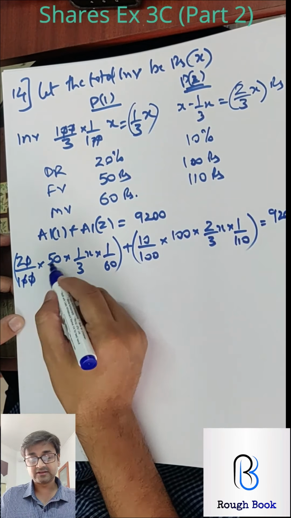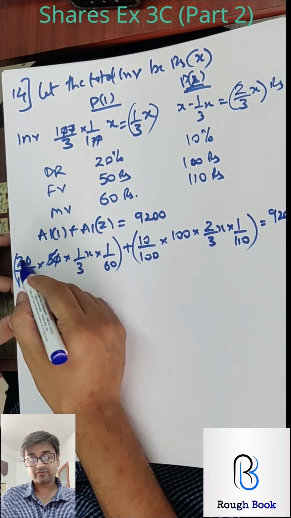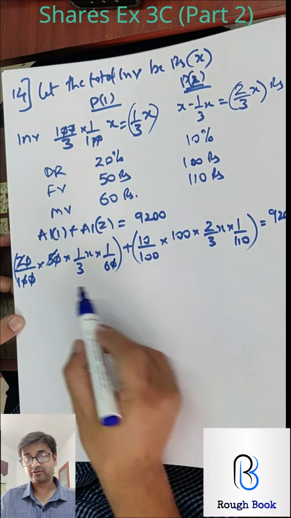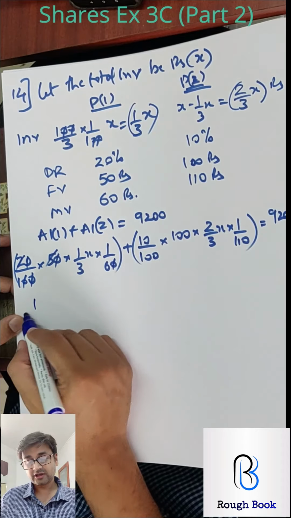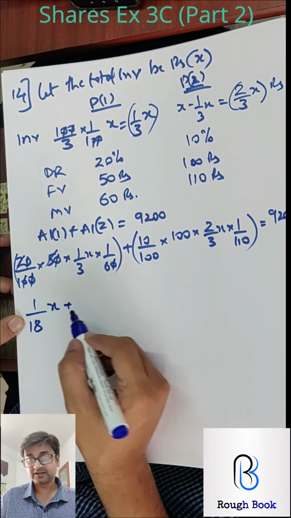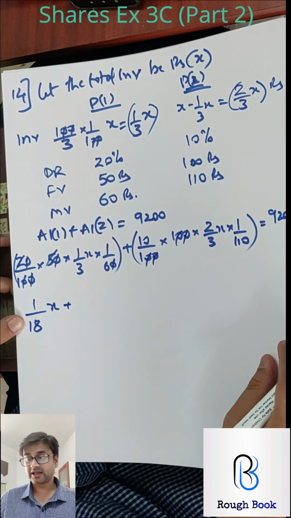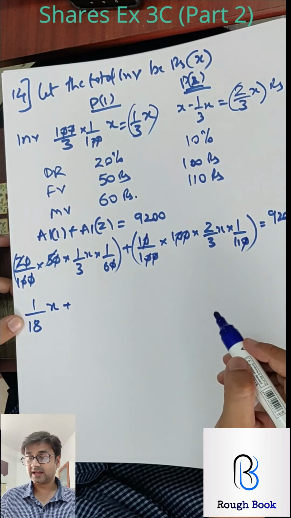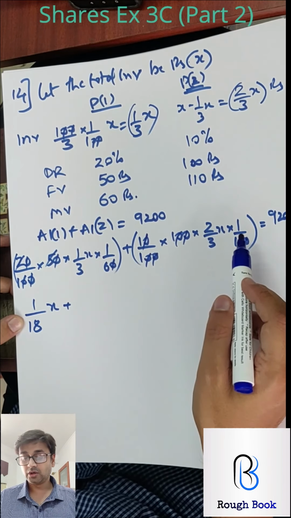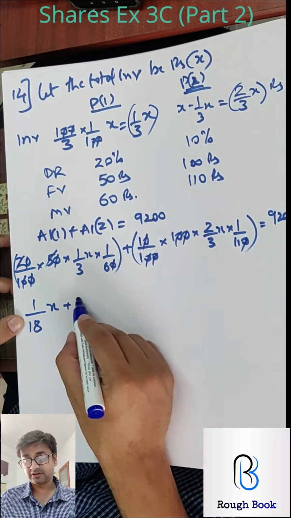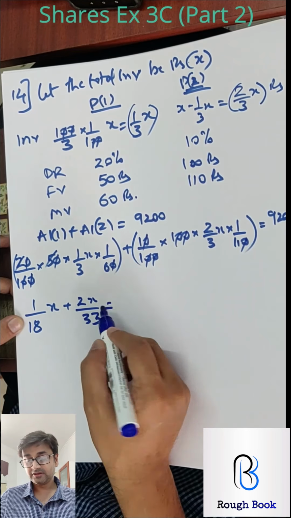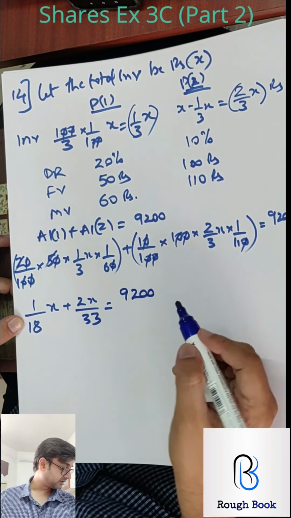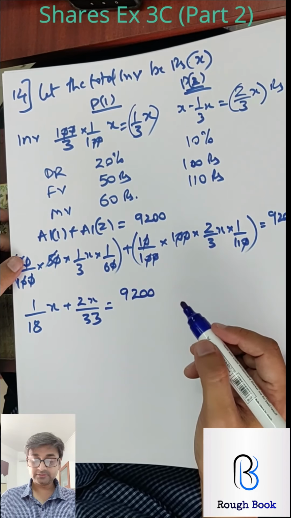So this cancels, 5 and 2, so 0 goes, 5 2s are 10, so I have cancelled the 0. So I get 1 by 18x, plus these two zeros also get cancelled. This 0 also gets cancelled. Anything else? No, nothing else. So 2x by 33 is equal to 9600. Let's take this forward.